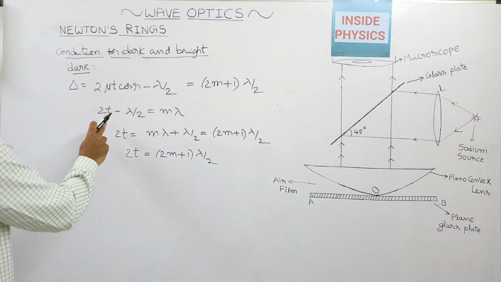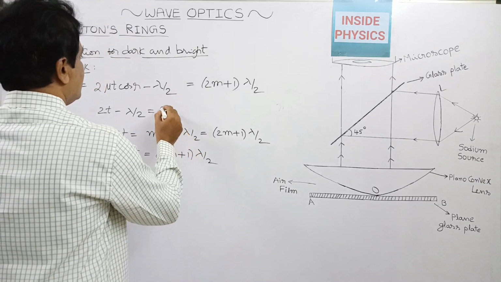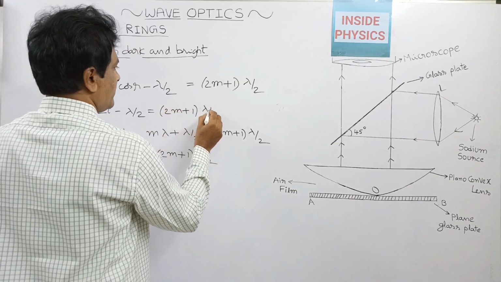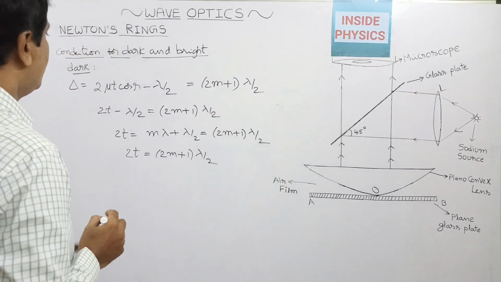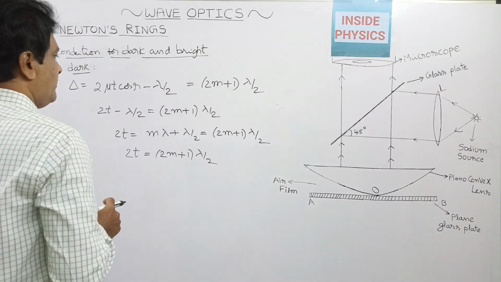In the same way, 2t minus lambda by 2 will become (2m plus 1) lambda by 2. So when you take this lambda by 2 to this side, what happens?